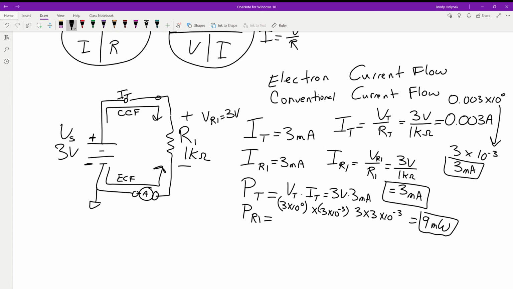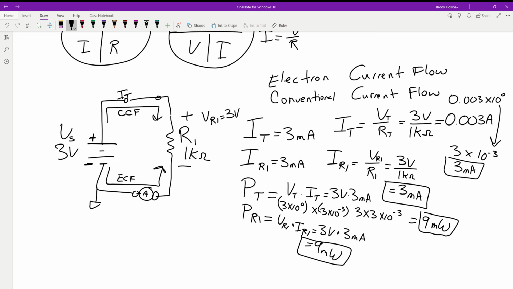Okay, so in this case, what's the power drop or power across R1? 9 milliwatts. And what's our formula? Voltage times IR1. So again, 3 volts times 3 milliamps gives us 9 milliwatts. This is a lot of redundant stuff. The questions in Moodle aren't going to be this intensive.